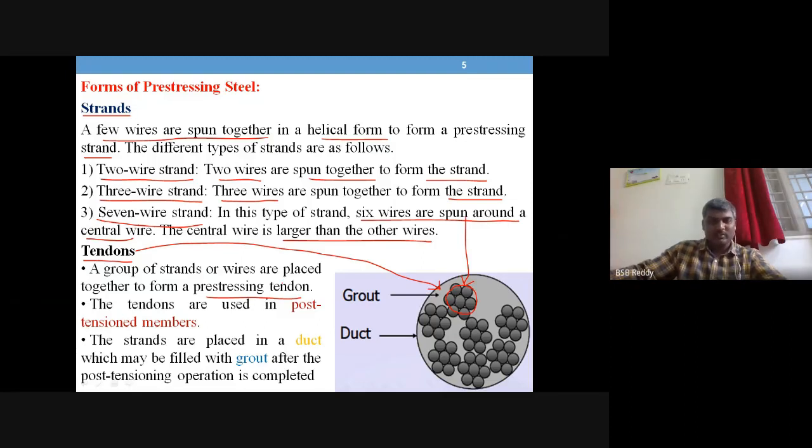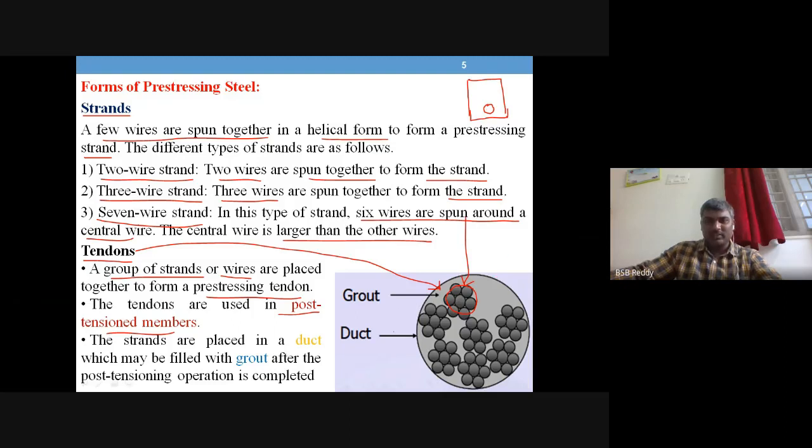So a tendon is nothing but a group of strands or wires placed together to form a pre-stressing tendon. The tendons are used in post-tension members. So you take a concrete member, and we provide a duct, a space for inserting the high strength steel.